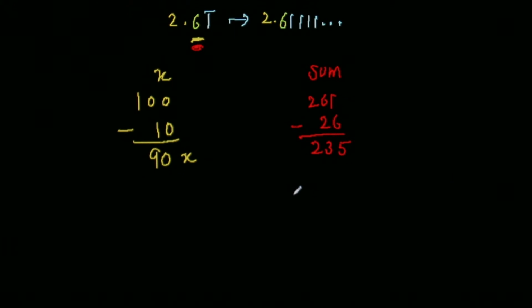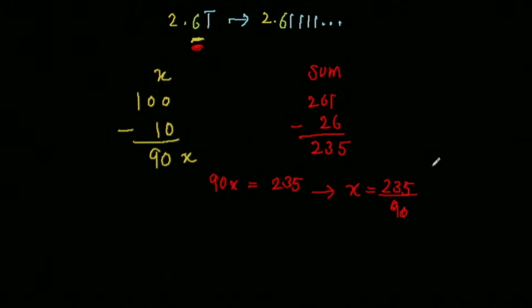Now what you got to do next is write 90x equal to 235, and that shall give you x equal to 235 by 90.